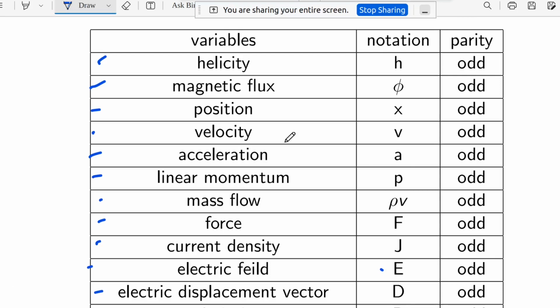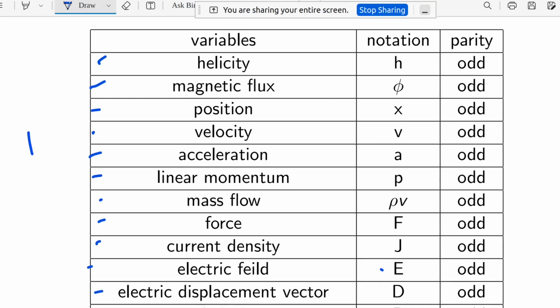So magnetic flux is a pseudo-scalar. Why is it pseudo-scalar? Because the electric flux, whatever it was there, is a simple scalar. But magnetic flux, how is it coming? Magnetic flux comes from the magnetic surface normal.